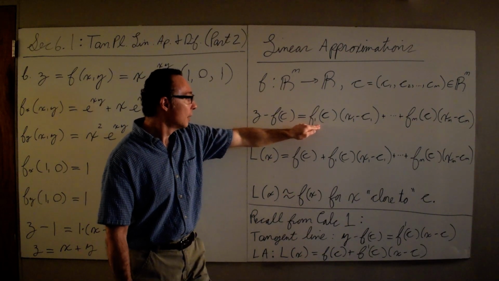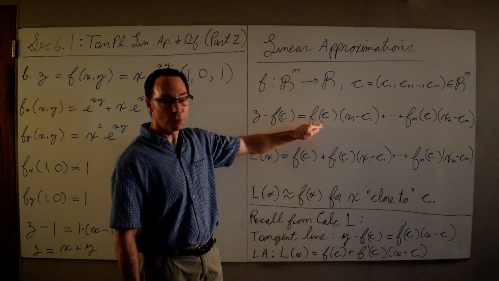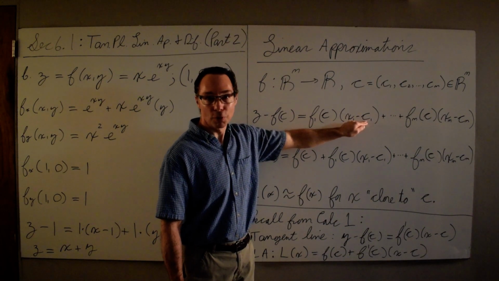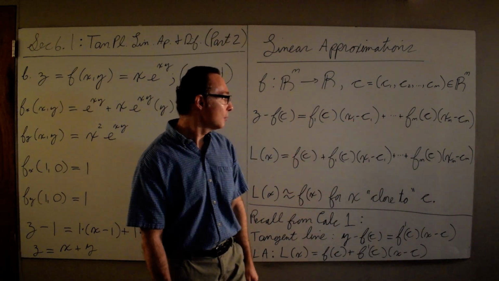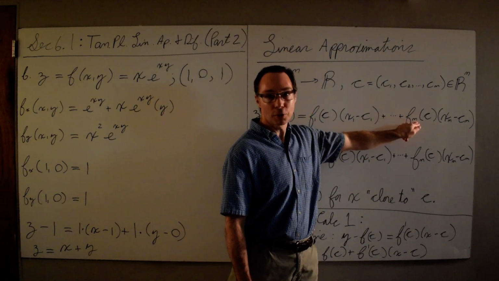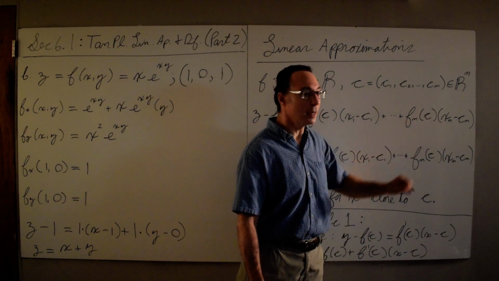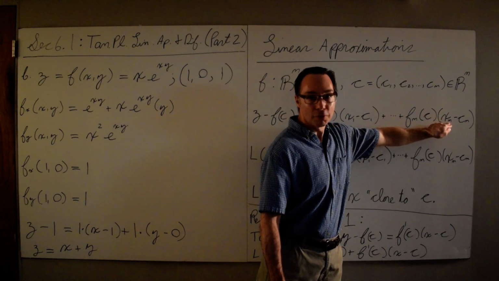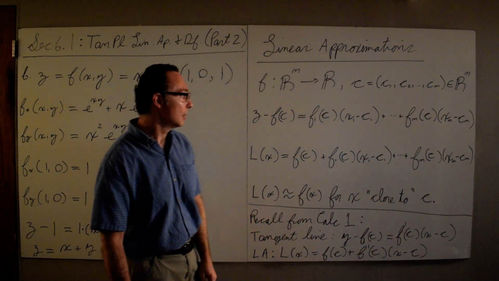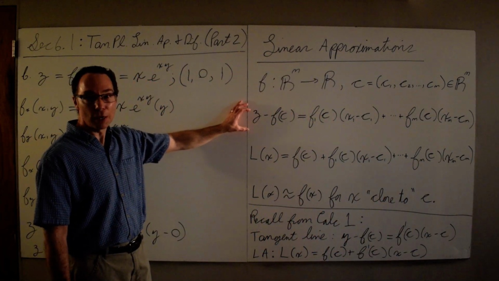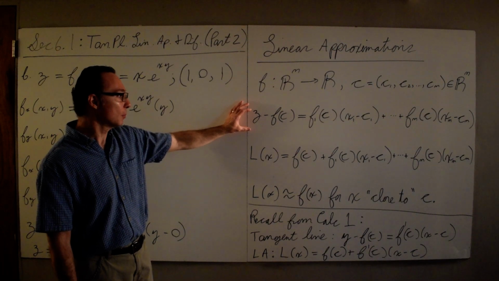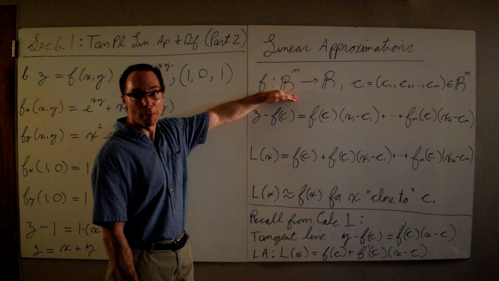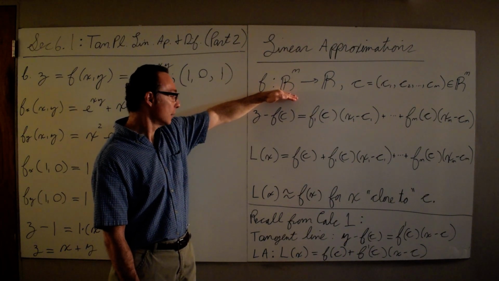Then we have the partial derivative with respect to the first variable times the first coordinate of x minus the first coordinate of c, down to the partial derivative with respect to the last variable of f, evaluated at c, and then the last coordinate of x minus the last coordinate of c. It's just a generalization of what we did with the last 2 examples. We just have a higher dimension for our variable and for our point.